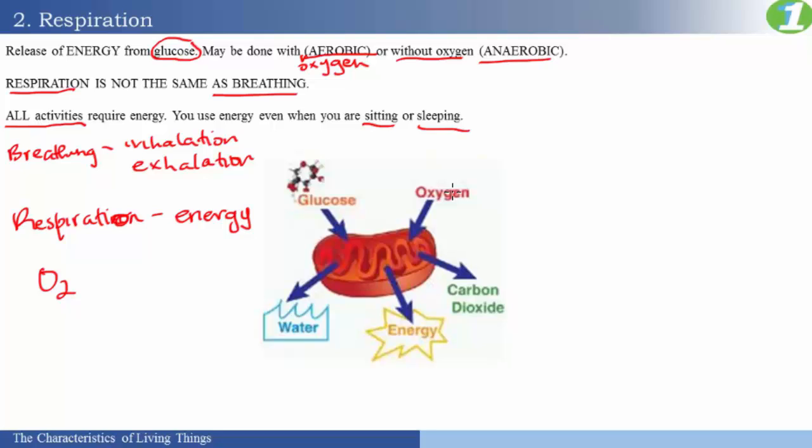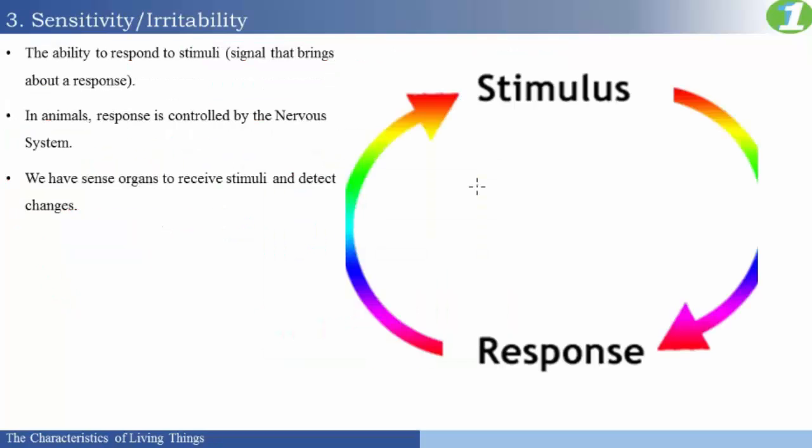Breathing involves exchanging gases between the body and the environment, but respiration incorporates some of that gas in breaking down glucose. Now, when we come to respiration as a topic, we will look further at what happens during aerobic and anaerobic respiration.